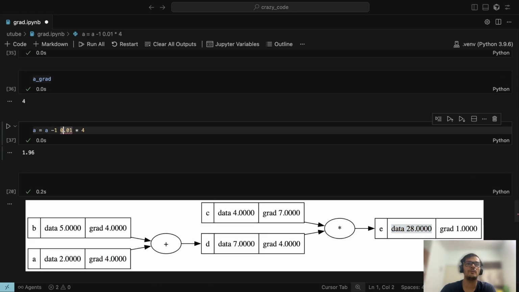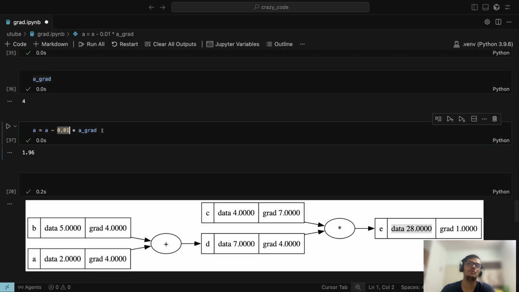So this formula is a minus 0.01 into 4. 4 is the a grad value, right, and 0.01 is the learning rate.